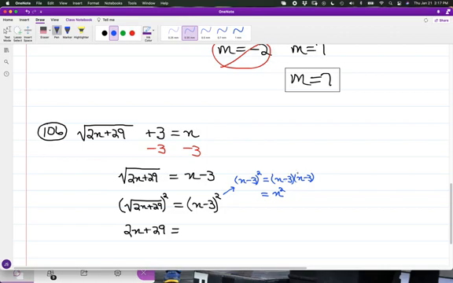So we have n squared, negative 3n minus 3n becomes negative 6n, plus 9. So you have another trinomial. Going back to our equation, we have another quadratic.